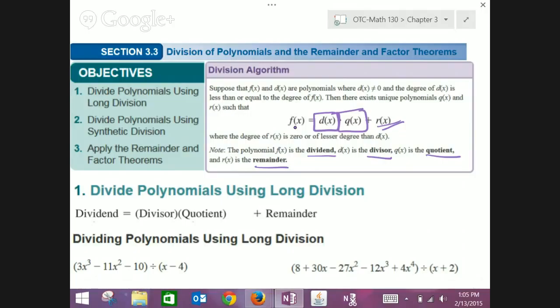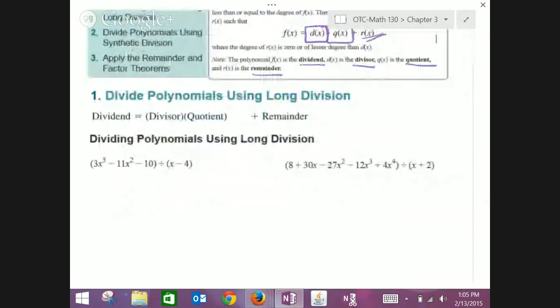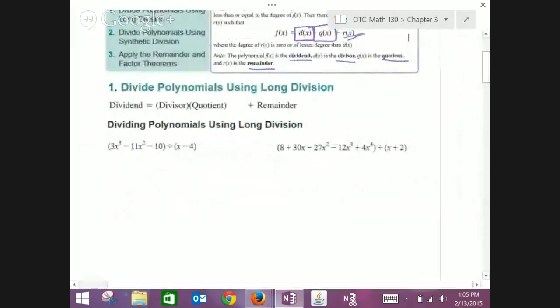When the remainder is not 0, that tells us the number we're dividing by is not a factor. So let's look at this technique for the first couple of examples, and then we'll apply it to factor polynomials.